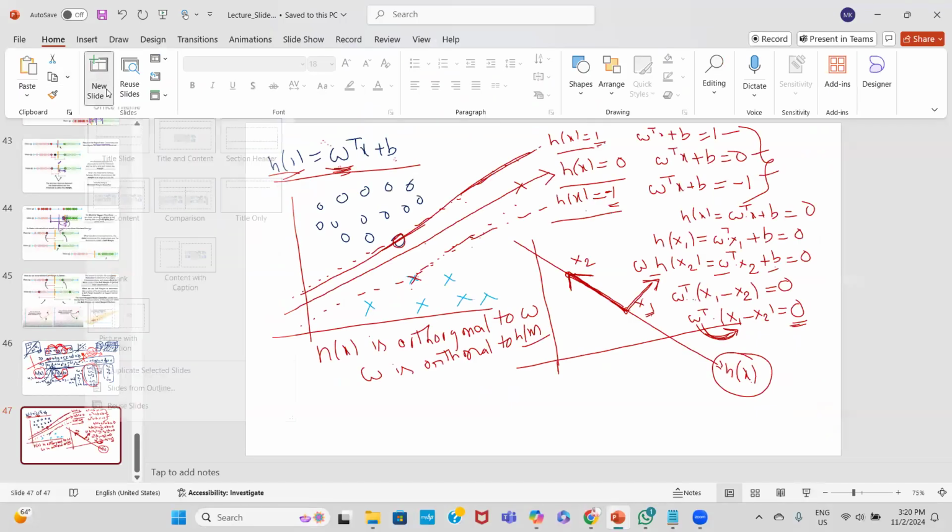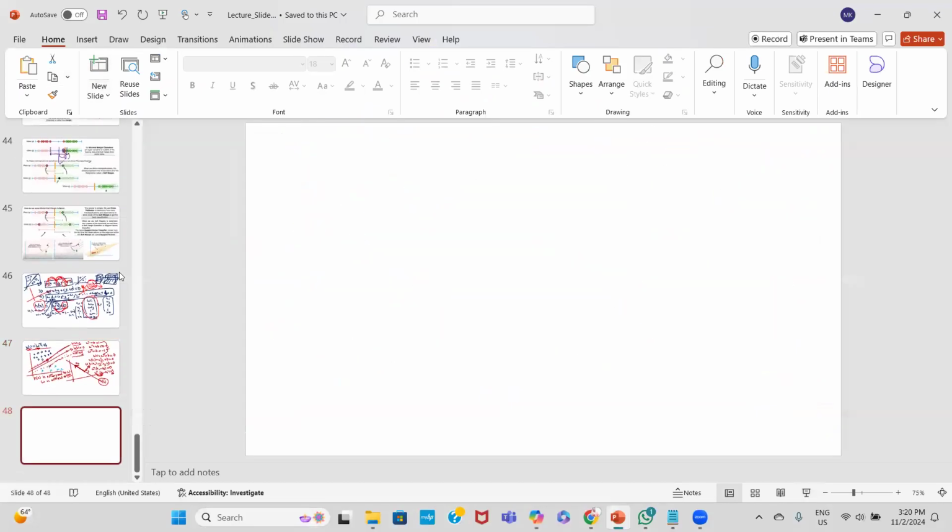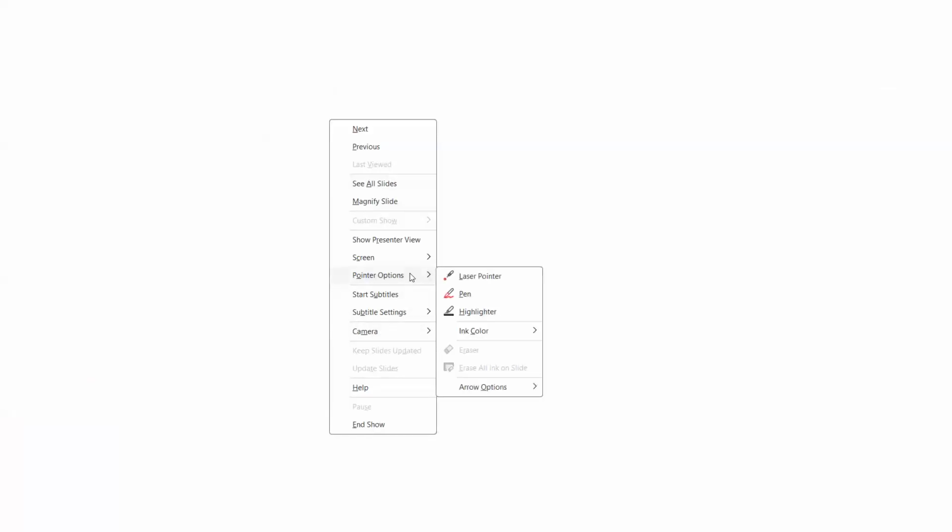The next thing we are going to learn is, so this is all basic mathematics to understand the support vectors. Once you are clear with this, you will be able to understand everything a little easier. The second derivation that I'm trying to prove right now is the distance from the origin to the hyperplane.